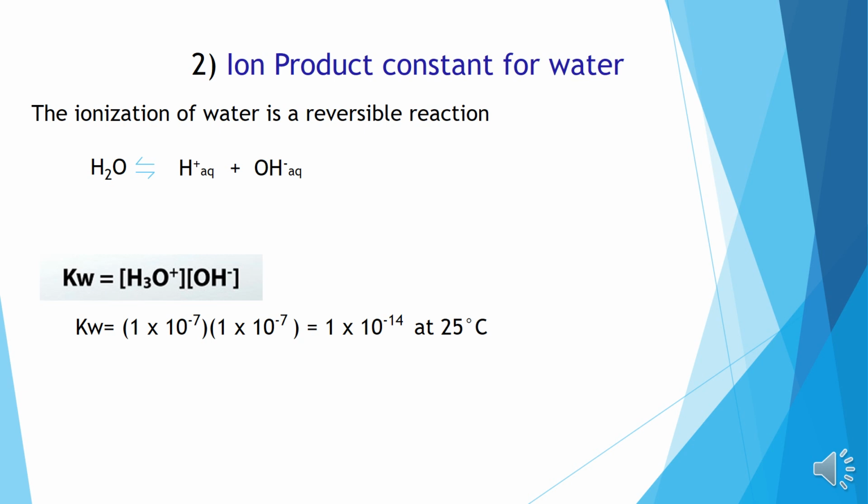So in pure water, Kw equals 1 times 10 to the power minus 7 for the hydronium ion times 1 times 10 to the power minus 7 for the OH-. So Kw has a value of 1 times 10 to the power minus 14 at 25 degrees Celsius.